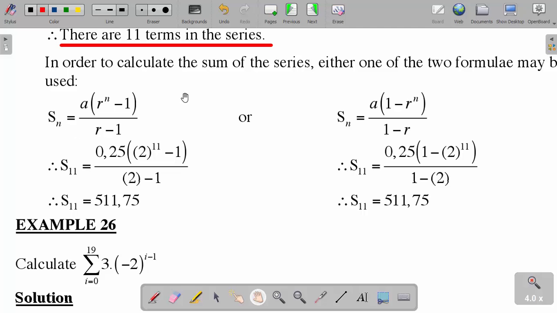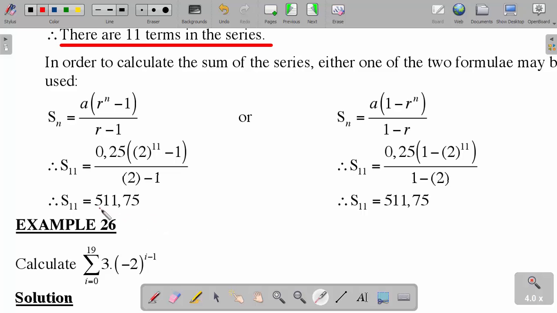Because I'm dealing with 11 terms, I'm going to find S11. So S11 equals my first term, which is 0.25, then 2 power 11, then minus 1, over 2 minus 1.